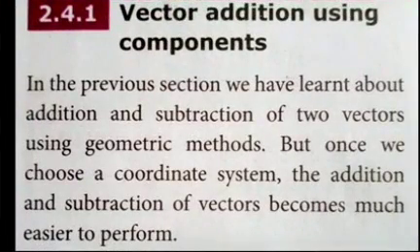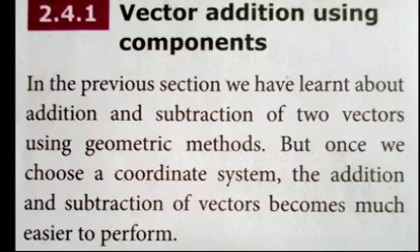Students, next we are going to discuss another topic, vector addition using components. In the Zoom class, we discussed addition and subtraction, how to add two vectors. Here we are going to use addition with the Cartesian coordinate system of the two component vectors. Now we discuss both addition and subtraction using the coordinate system method.